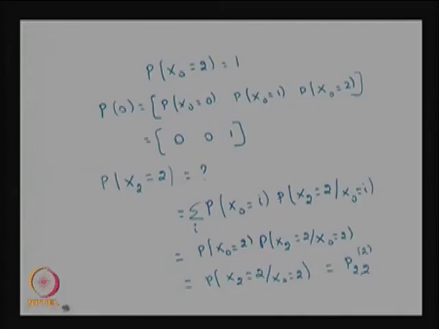This is same as you find out the p square matrix, and from the p square matrix this is nothing but the 2 comma 2, that is going to be the last element. Out of that 9 elements, the third row third column element, that is going to be the element for this probability.